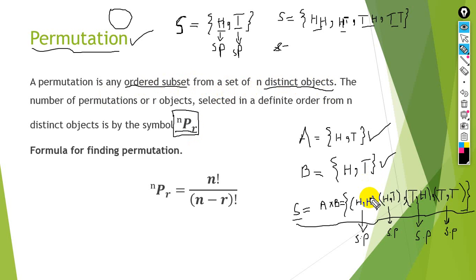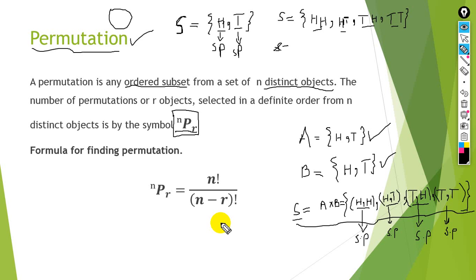For example, we want to find the number of sample points in which H exists at least once. Right, from this example, this is a sample space, a sample space is a set. We said find the number of points in which H exists at least two times.